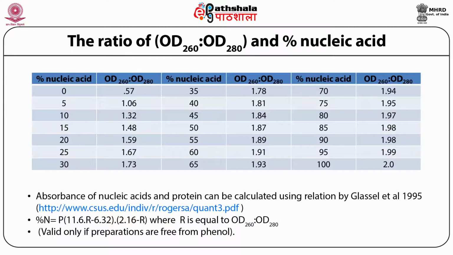In this table given below, the ratio of OD at 260 nanometers divided by OD at 280 nanometers and the percentage of nucleic acids are shown. One can also use a formula given by Glasel, which gives you the percentage of nucleic acid based on the above data, where one can just calculate what is really the nucleic acid value in that sample.